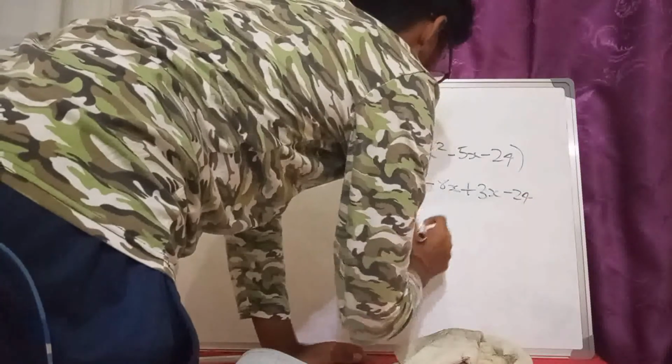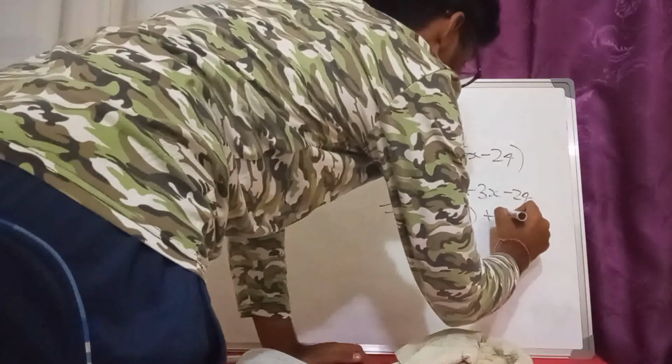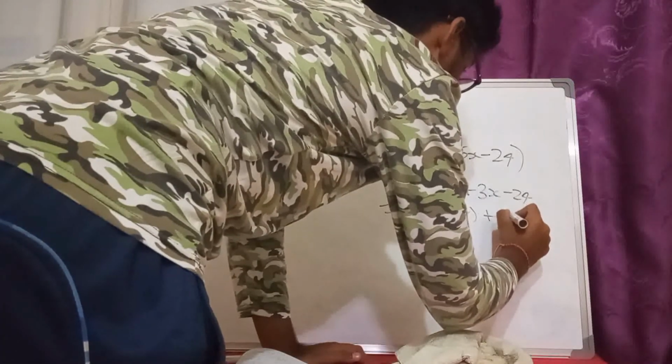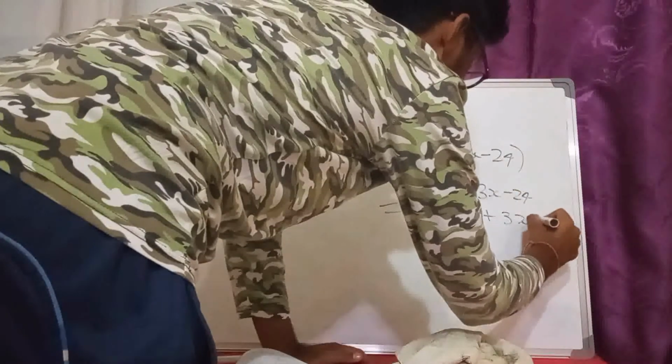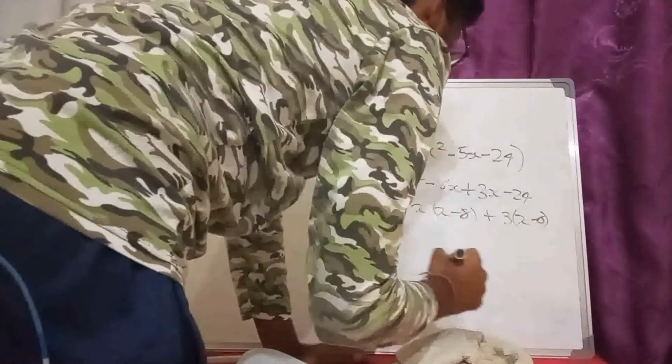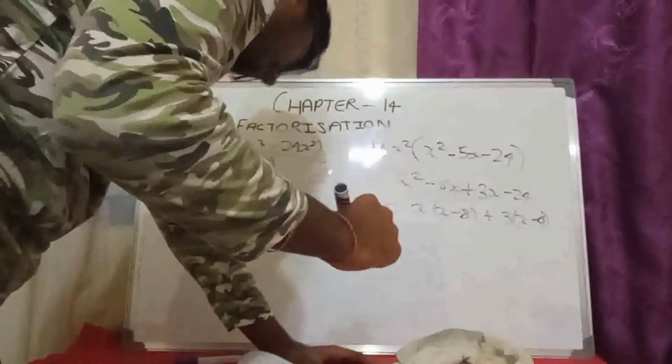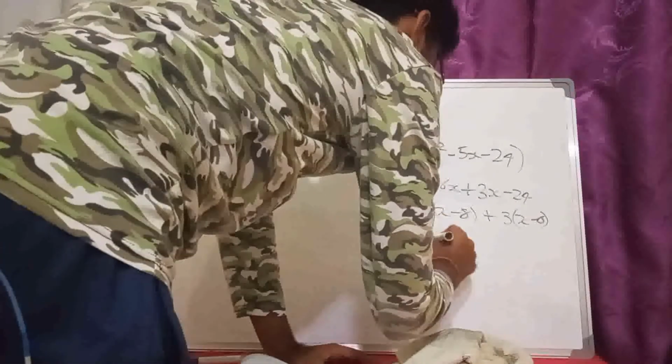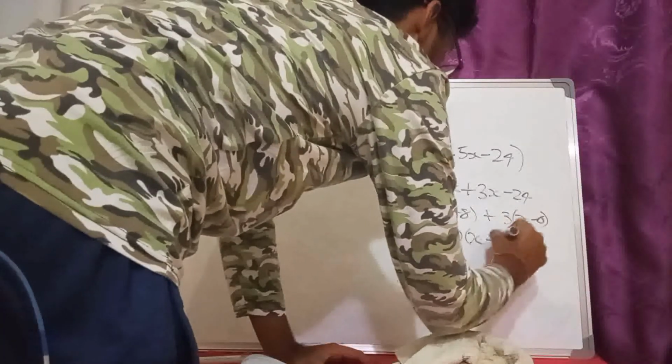We take the common factors out: x into x minus 8 plus 3 into x minus 8. So we get x plus 3 into x minus 8.